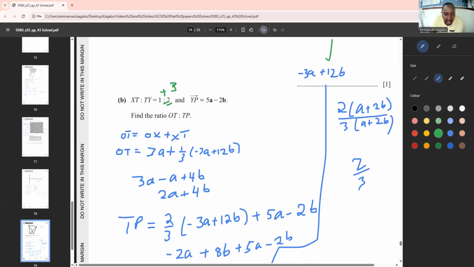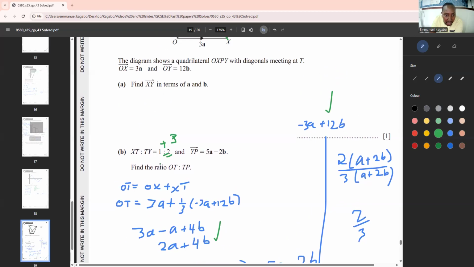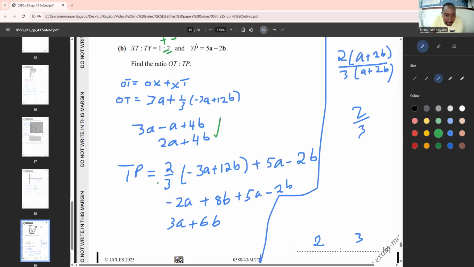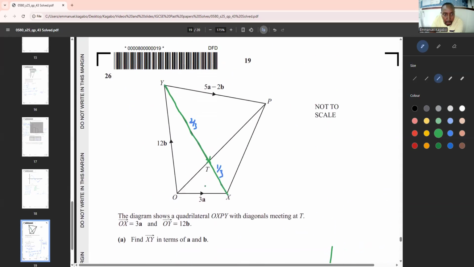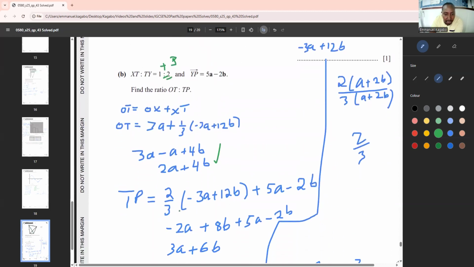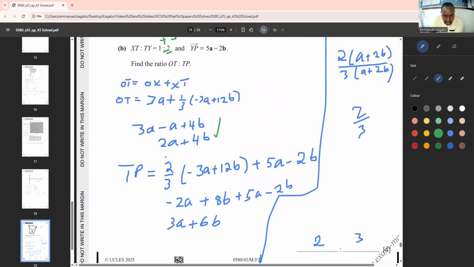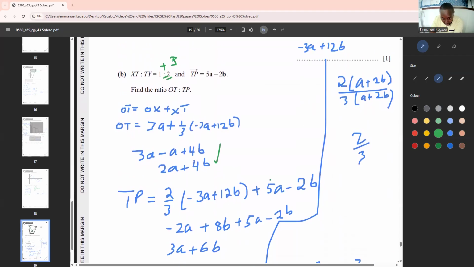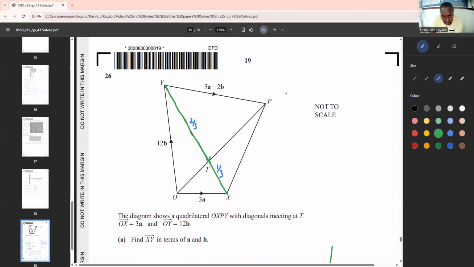That is why I have this here. Then when you simplify, that is it. The remaining part is TP. TP is this one, so it will be this plus that: 2 over 3 of XY plus YP. That's why I'll get 2 over 3 of XY plus this value, right?